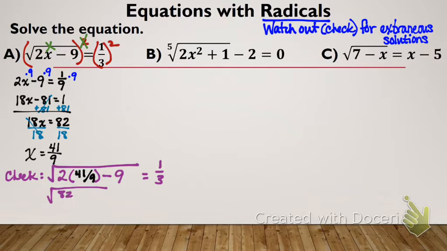So I have 82 over 9 minus 9. Well, 9 is the same as what over what? Not 9 over 9. 18 over 2. I want a common denominator of 9 here.